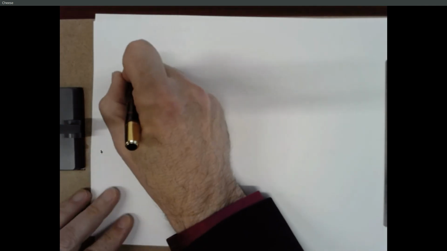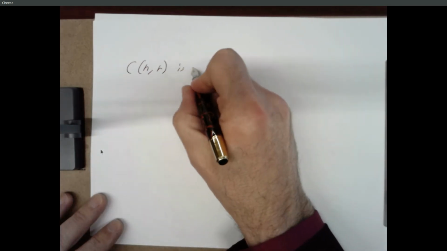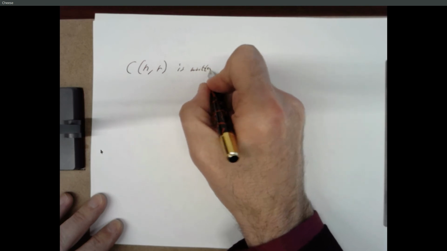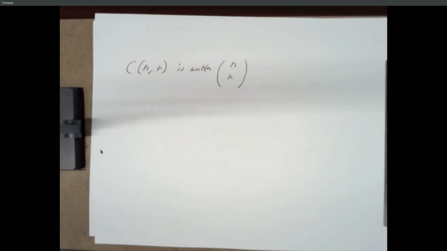So a bit of notation when we talk about the number of r combinations of n objects. There's a different way you'll see this written in the book and elsewhere. This is sometimes written just like this: parentheses with n on top and r on bottom. It's not n divided by r.